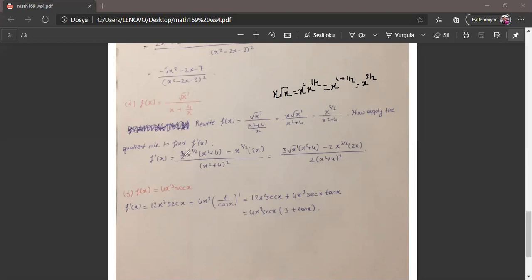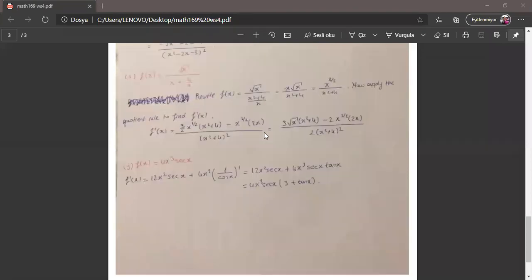So the first one's derivative is 3 over 2 times x to the 1 over 2, because here you have 3 over 2 minus 1, which is 1 over 2, times the second one, minus the first one times the second one's derivative, which is 2x, right, over x squared plus 4, squared. So we have this quotient. You don't have to simplify it.